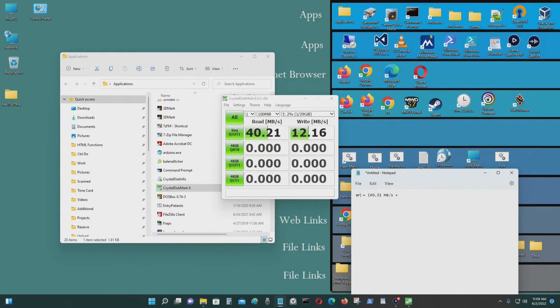I'm sorry, that's read. Write is 12.6 megabytes per second. Okay, I'll test it again. Like I said, 3 times and then get an average.